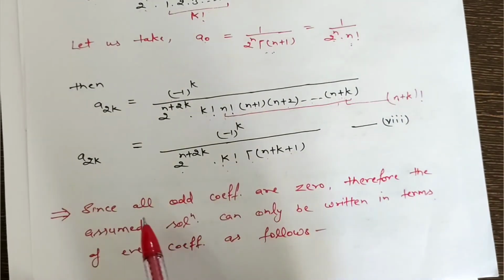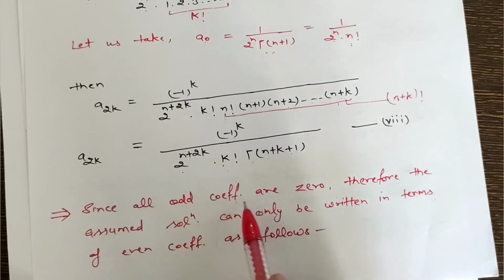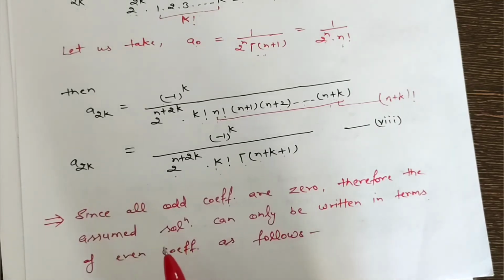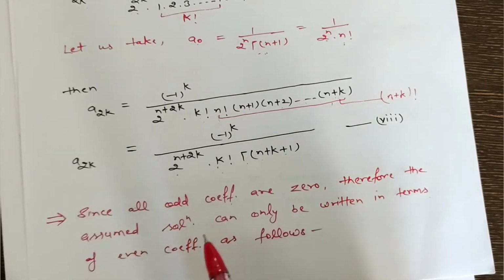Again, I had mentioned that since all odd coefficients are 0, the assumed solution, as in the case of the Frobenius method corresponding to a regular singular point, can be written in terms of even coefficients. And how can we write this in terms of even coefficients? Let me show you.